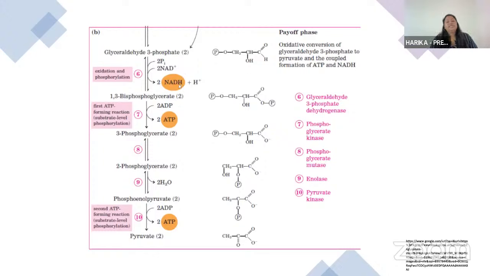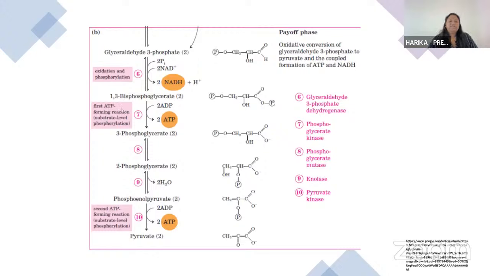And here you can see, in presence of 2 molecules of phosphate and 2 NAD plus, you are getting NADH and hydrogen. Following the next step, 1,3-bisphosphoglycerate is converted to 3-phosphoglycerate in presence of phosphoglycerate kinase.